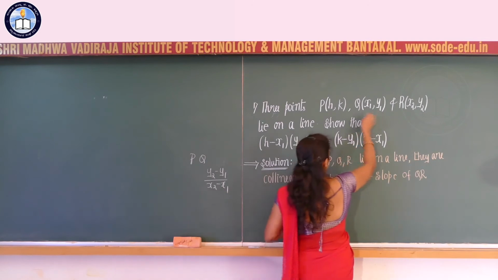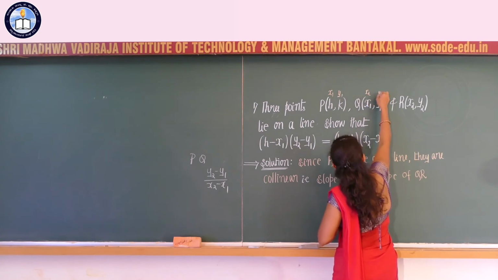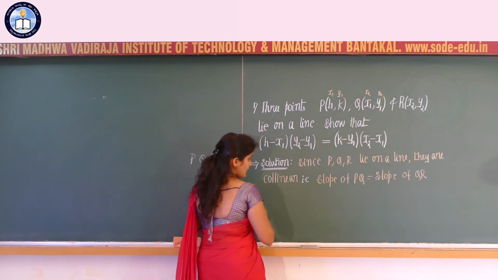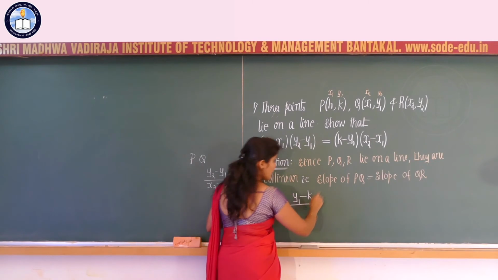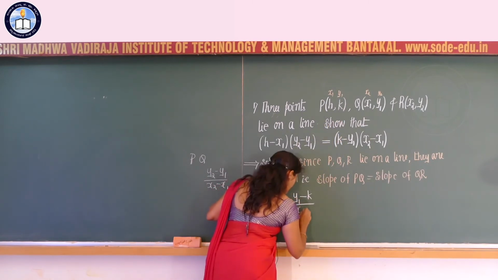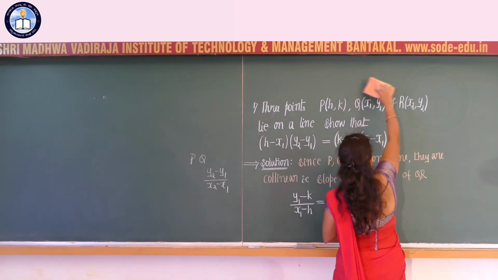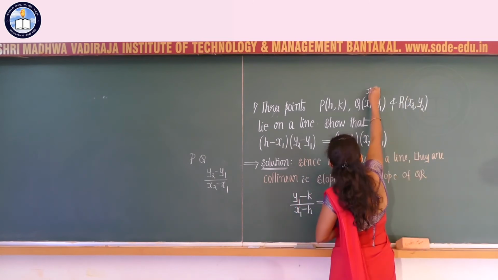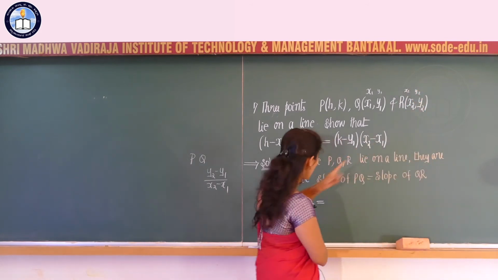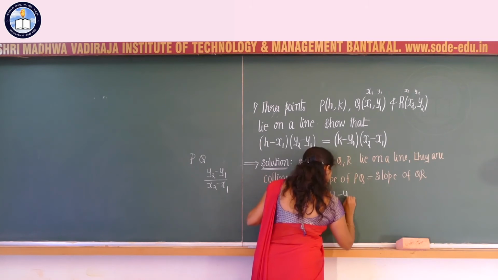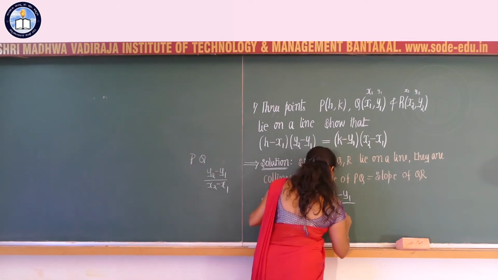So the slope of PQ is y1 minus k divided by x1 minus h, which is equal to, applying the same definition for the slope of QR, considering x1 comma y1 and x2 comma y2, y2 minus y1 divided by x2 minus x1.